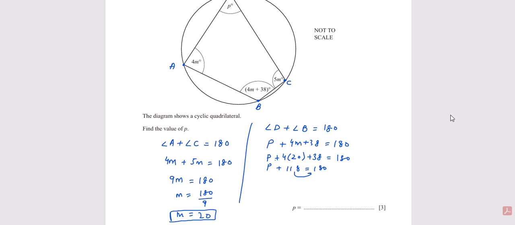This value shift on this side, so p is equal to 180 minus 118. So the final answer of p is 62.